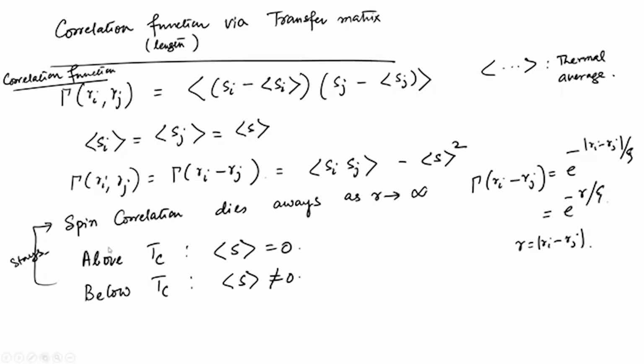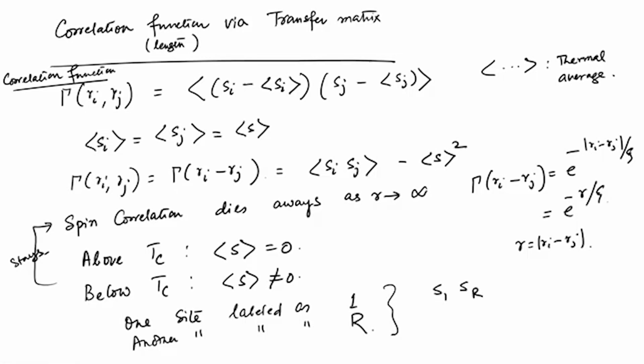Okay. So, let me take one site labeled as 1 and another site which is at a distance r apart. We are trying to find out the correlation between S1 and SR. The limiting case for us to consider is capital R tending to infinity.